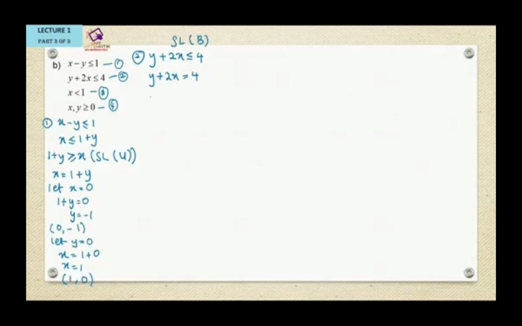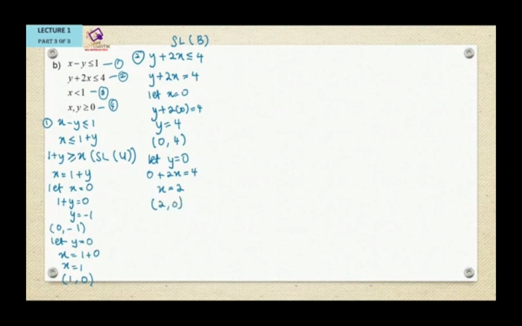Then we need to find at least 2 points. Let x equals 0. So y plus 2 times 0 equals 4, y equals 4. So the point will be (0, 4). Then let y equals 0. So 0 plus 2x equals 4, so x equals 2. So (2, 0).